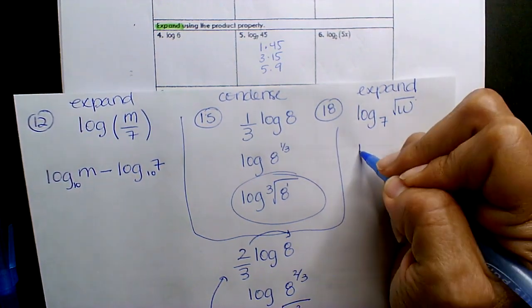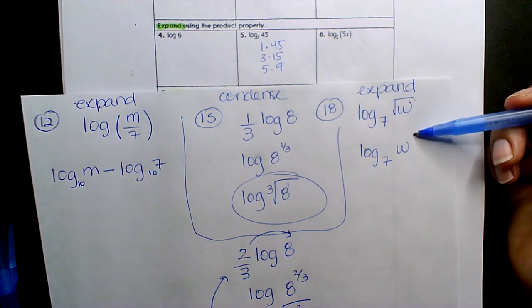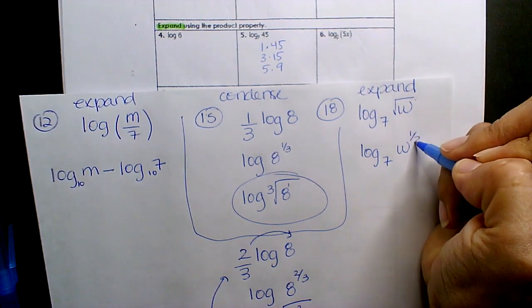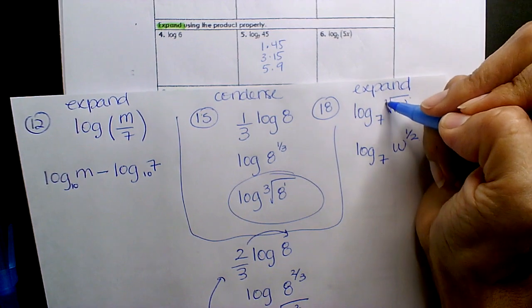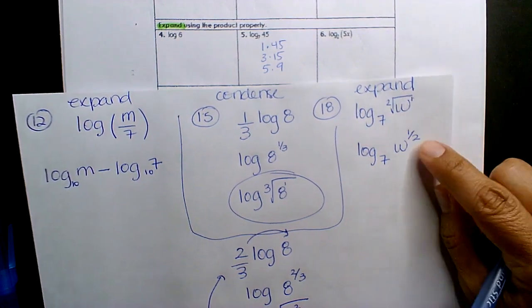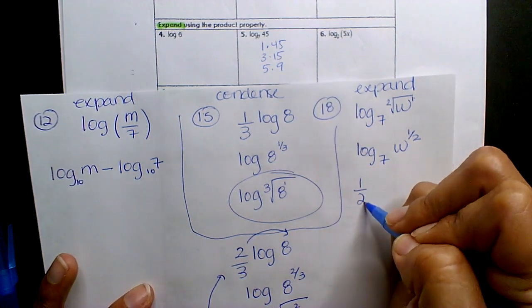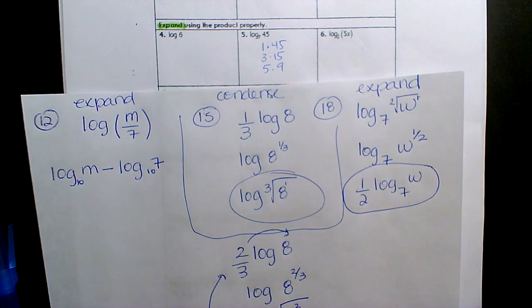So this is really log base 7 of w, and what's my fraction going to be? 1/2, right? Because I have 1w, but my root is 2. So you can always put the 2 there and the 1 there, and that's where my 1/2 is coming from. And then if you use the power rule, this could be the full expansion.